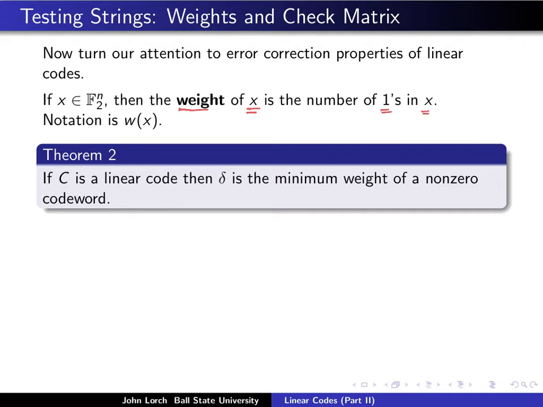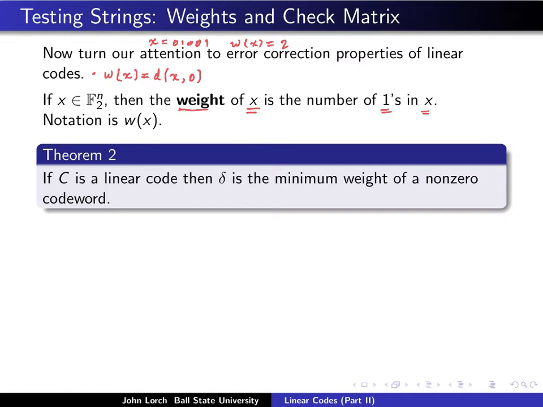So for instance, if x were equal to 0, 1, 0, 0, 1, then the weight of x would be 2 because there are 2 ones in x. Now, you might observe that we can express weight in terms of the Hamming distance. The weight of a string is really the distance between the string and the zero string.